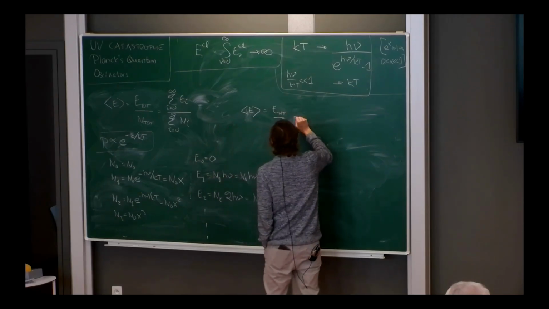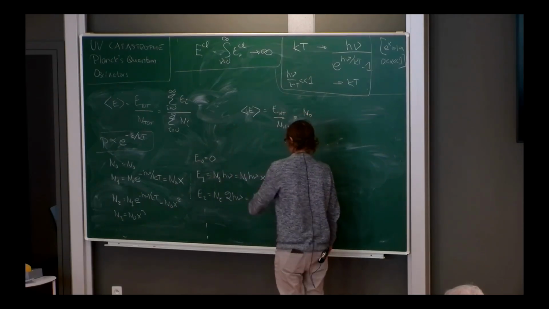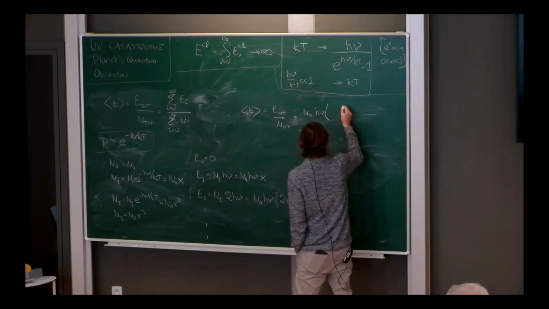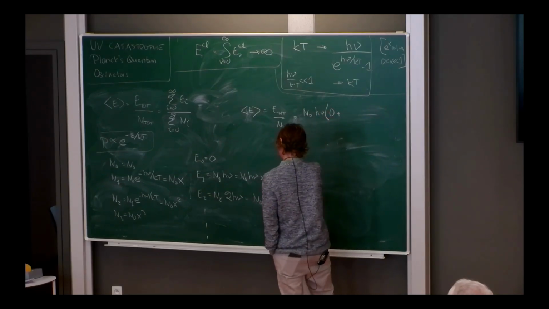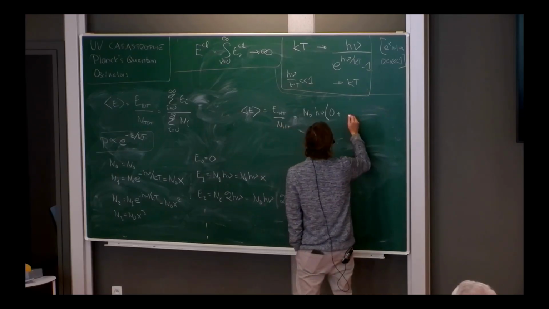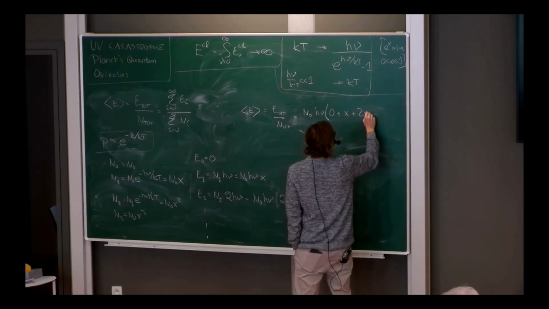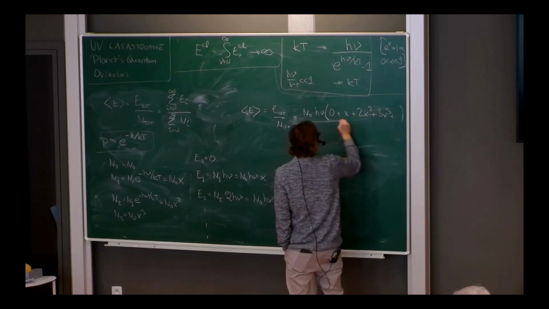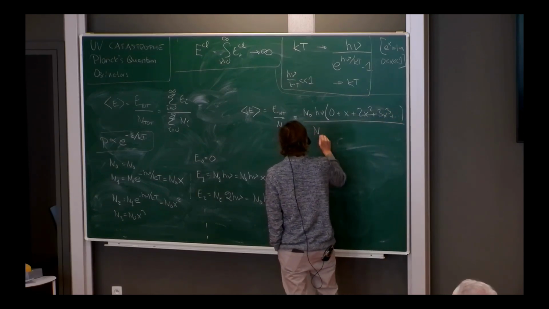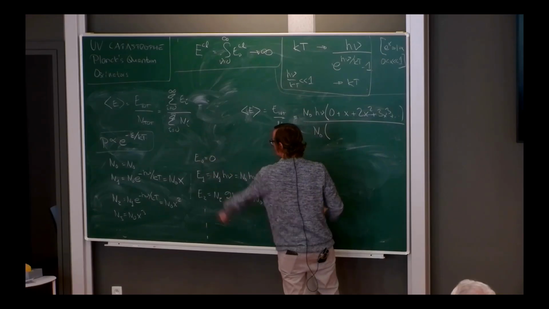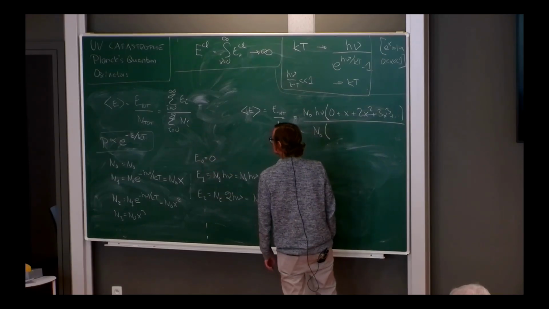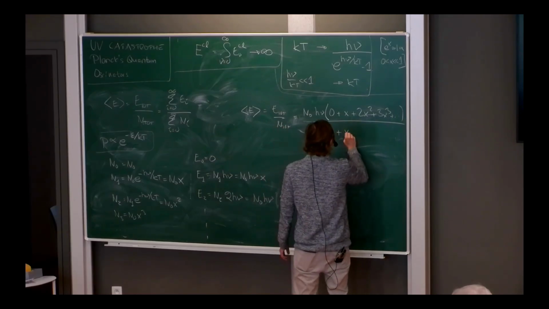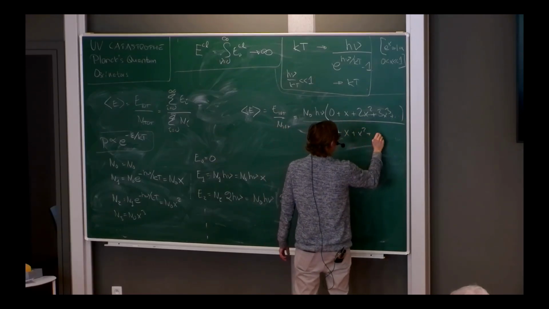That's going to be n0 h nu, and then we had 0 plus x plus 2x squared plus 3x cubed and so forth, divided by n0 times 1 plus x plus x squared and so forth.